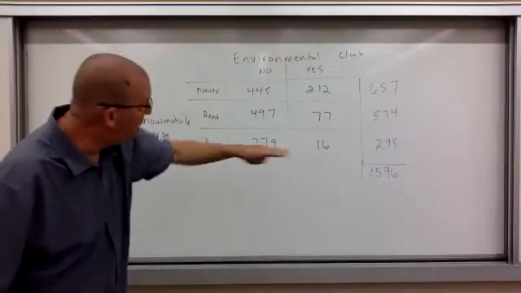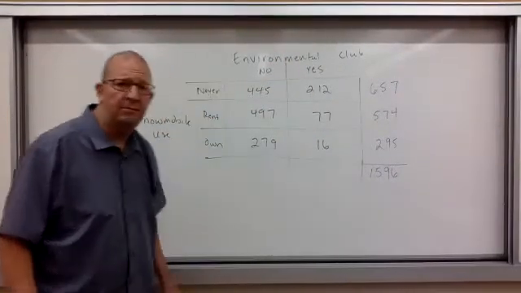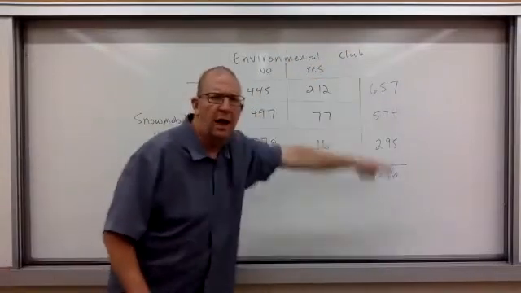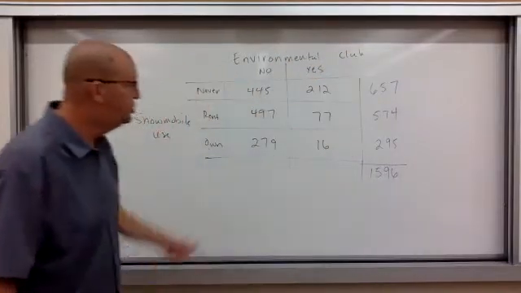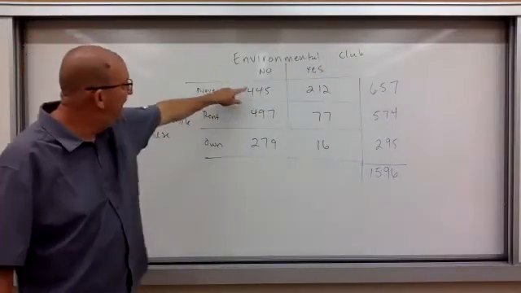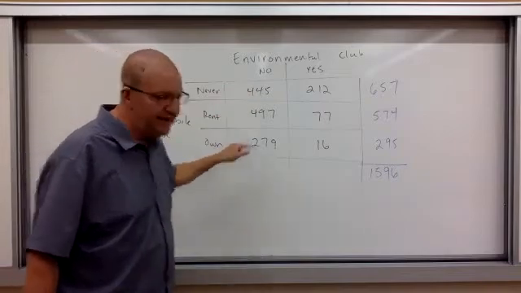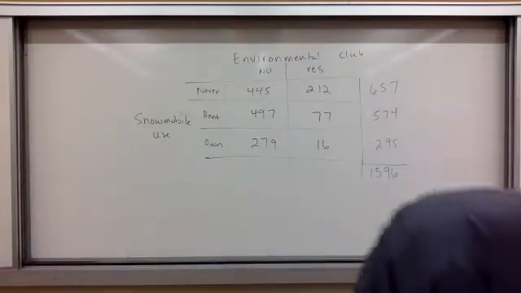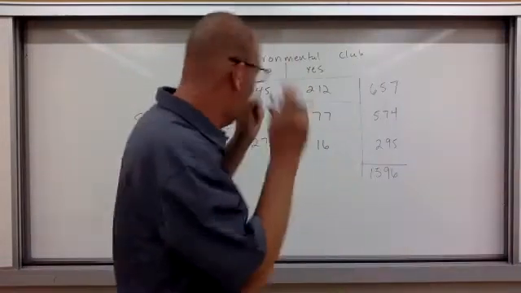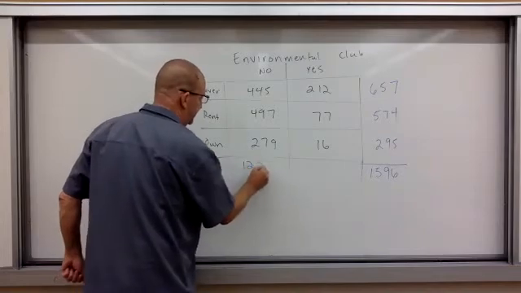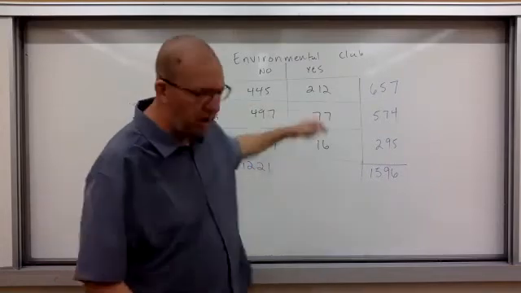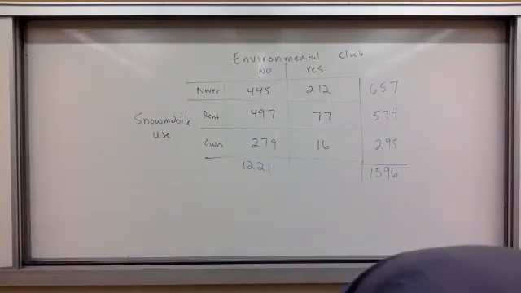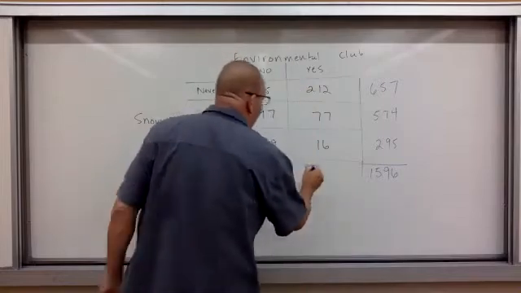Now, here's the other thing about a two-way table. The total for the row and the total for the column should be the same. So if we add 445, 497, 279, we're going to get 1,221. And then if we add 212, 77, and 16, you should get 305.